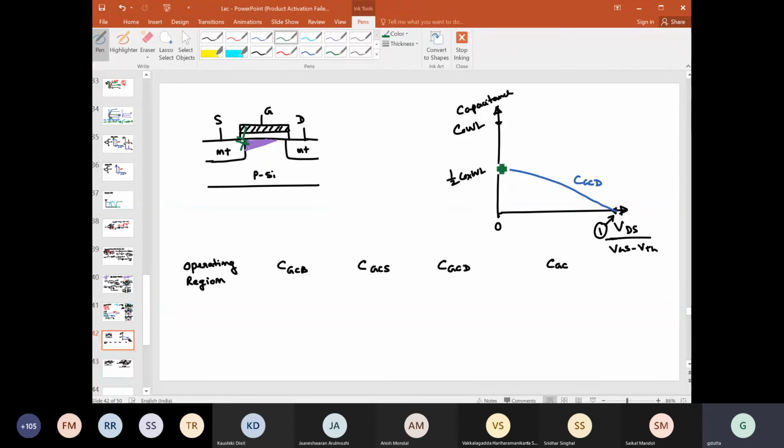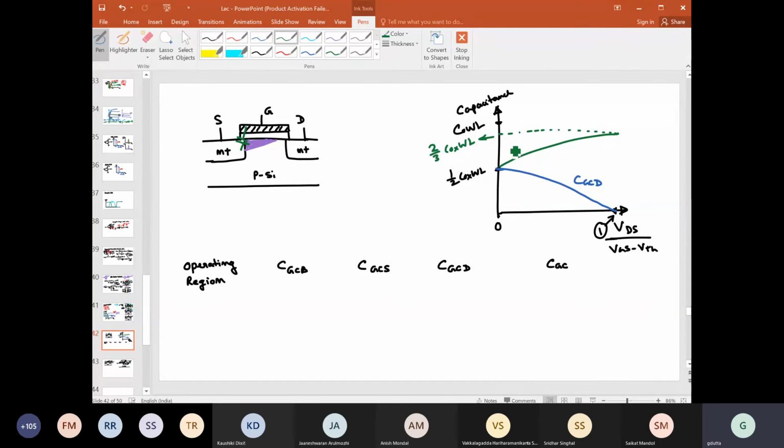So it will increase gradually, and at this point, it will reach a value which is 2/3 of Cox WL.